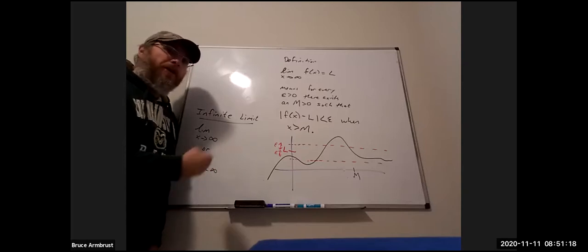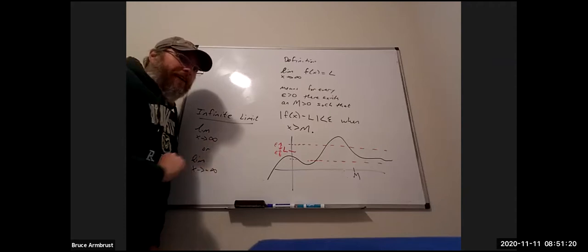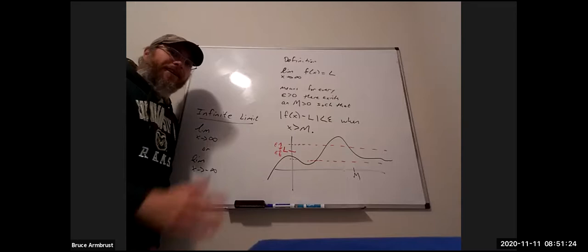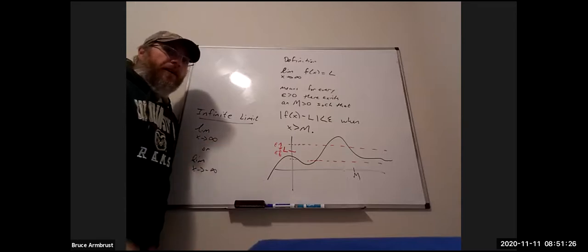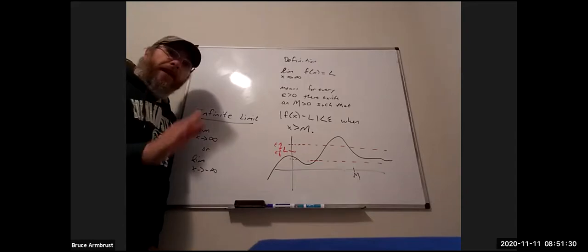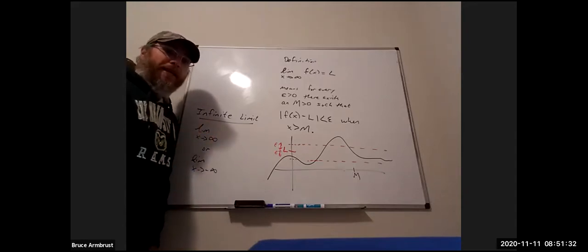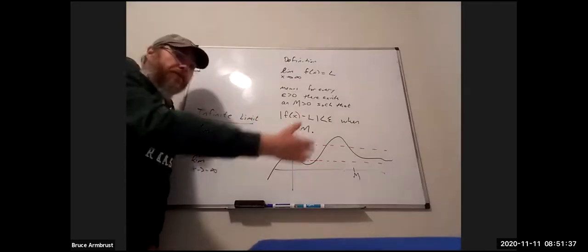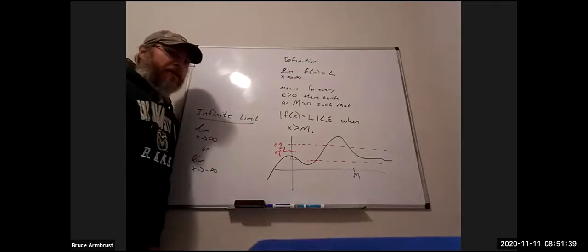It's just that now we're not approaching a point, we're just saying that eventually. Infinite limits are all about eventually. Eventually, our function gets close to L. And you can tell me how close you want me to get to L, and I'll tell you, okay, eventually, once you get beyond this point, you're always going to be that close.